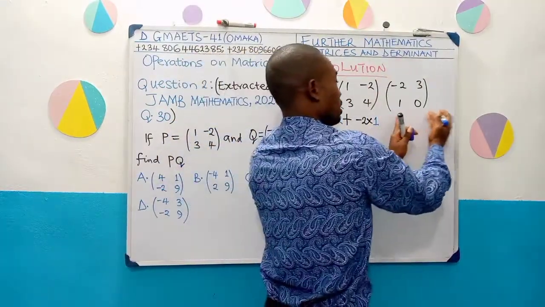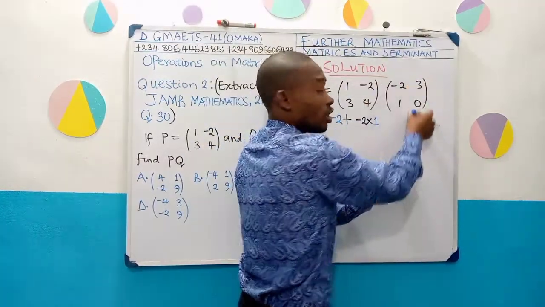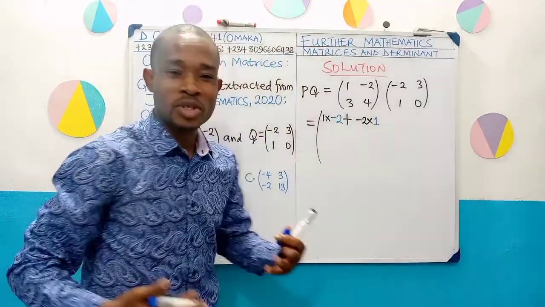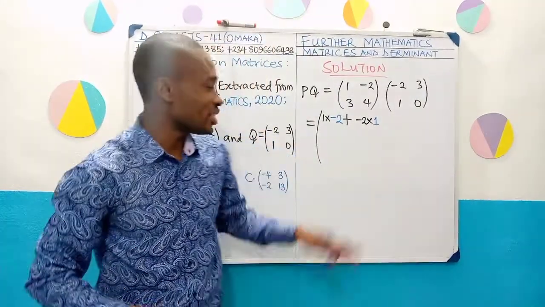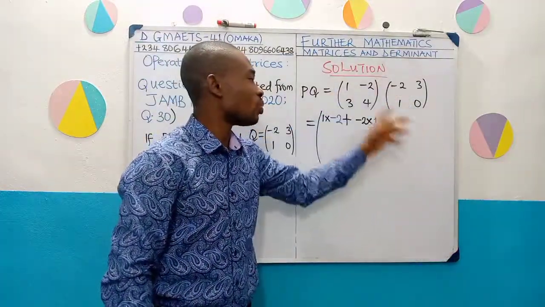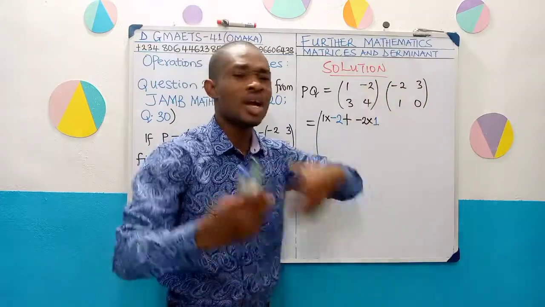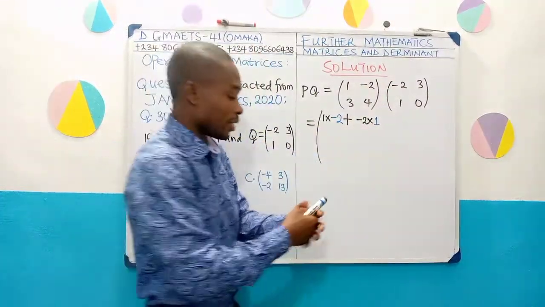Now let us shift our hand a bit and go ahead to do row 1 times column 2. I'm taking my time to explain this because we really don't need to show all this working. We can just go straight on: 1 times -2 plus -2 times 1. We move on again, 1 times 3 plus -2 times 0. And you're just getting your answer straight on like that.